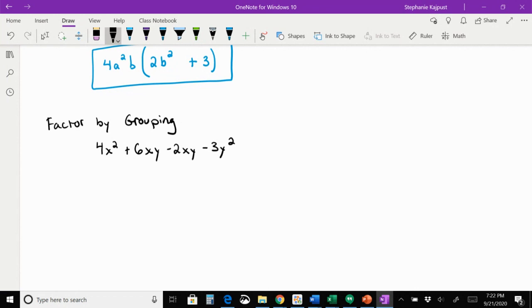We factor by grouping when there are 4 terms. The first step is always to factor out the greatest common factor if possible. That's the first thing that we always do. So first you want to see, is there a GCF?